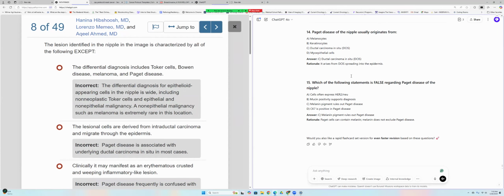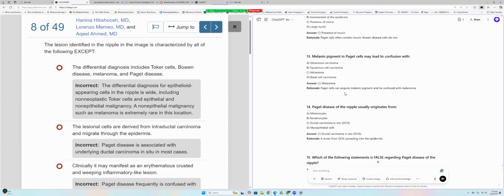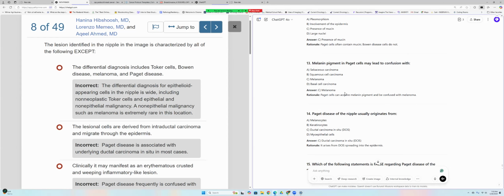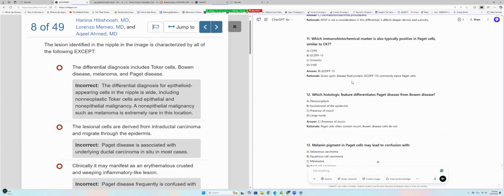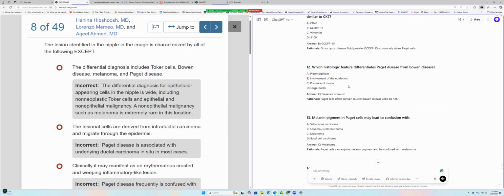Look at the next one. Number 14. Paget disease of the nipple usually originates from where? Ductal carcinoma in situ. Number 12, sorry. Which histologic feature differentiates Paget disease from Bowen disease?